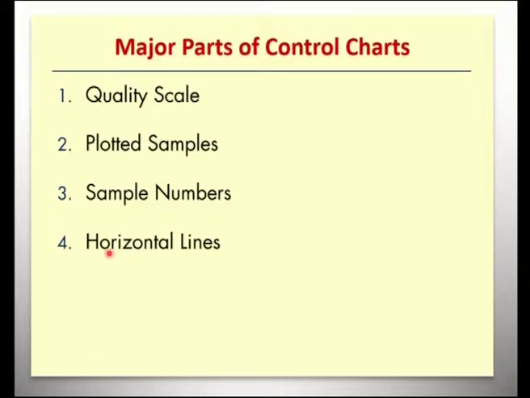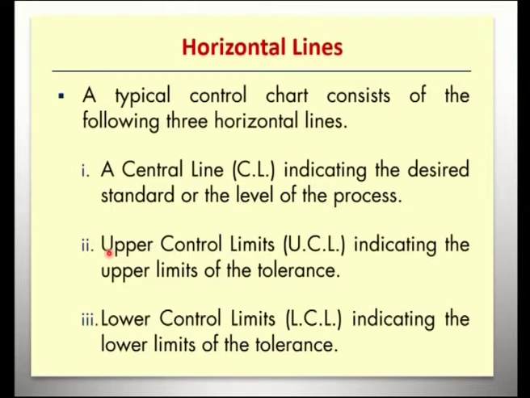This horizontal line is very important because it specifies whether the data is under control, out of control, or below the standard. A typical control chart consists of 3 horizontal lines: a central line indicating the desired standard or the level of the process, upper control limit UCL, or upper control line, indicating the upper limit of the tolerance.